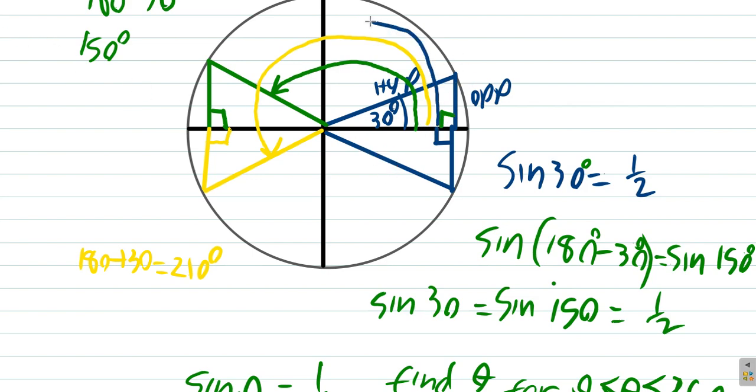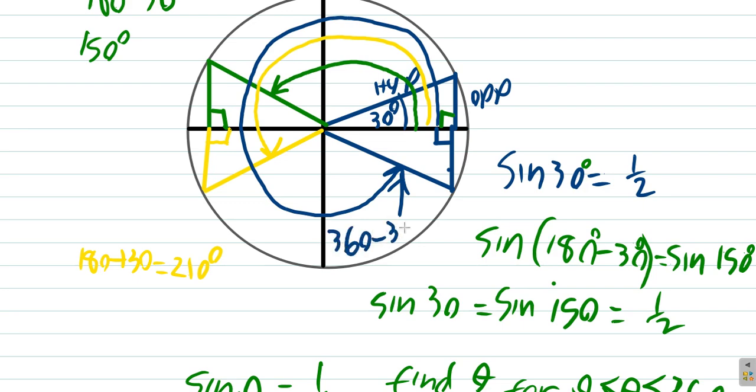So our angle here swings all the way around to here. Now what is that angle? This angle here would be 360 minus 30. See that? If you go all the way to 360, then you back off 30. This is what you get, which is 330 degrees.